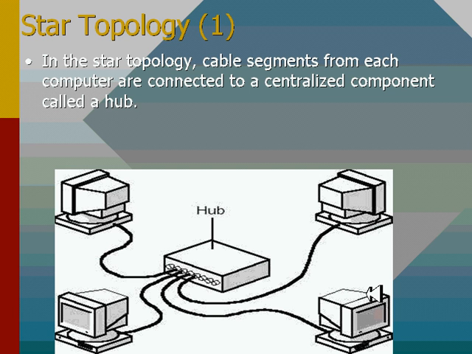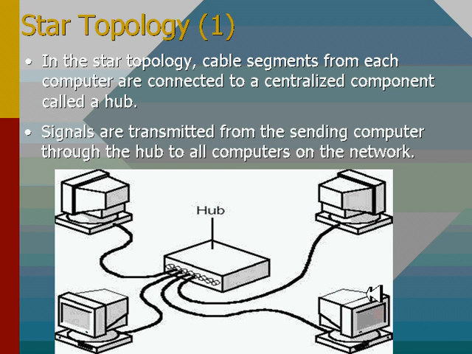Let's talk about star topology. In the star topology, cable segments from each computer are connected to a centralized component called a hub. Signals are transmitted from the sending computer through the hub to all computers on the network.